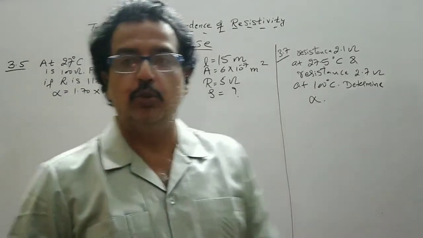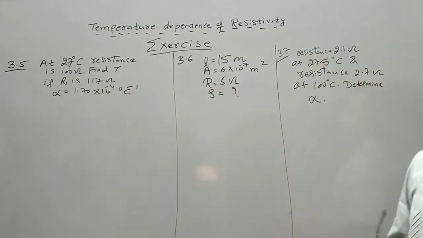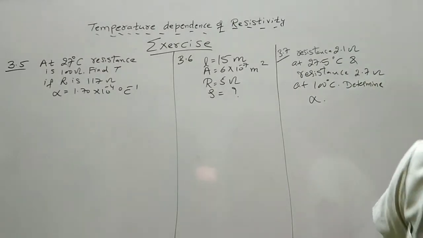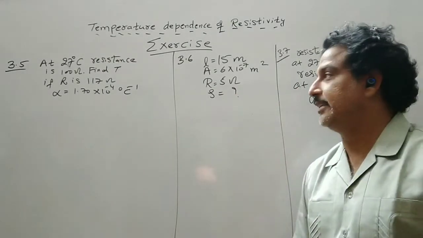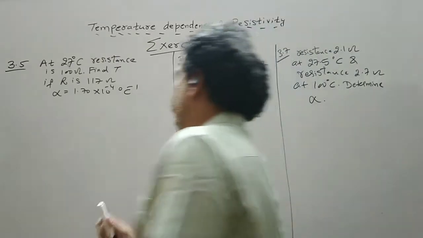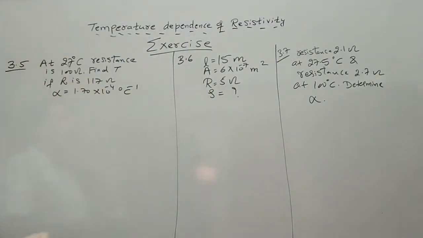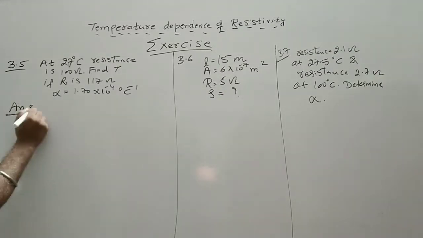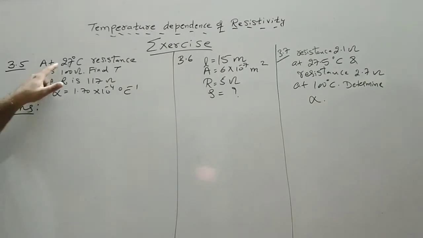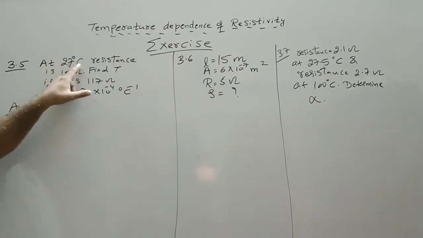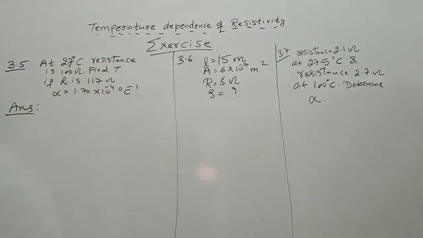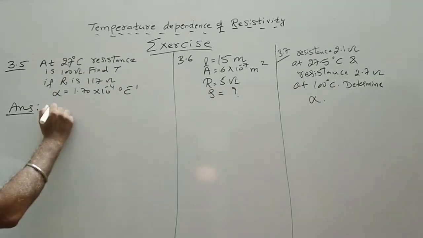Now let us come to the exercises 3.5, 3.6 and 3.7, which are generally direct applications of the formula. Now in exercise question number 5, at 27 degrees centigrade the resistance is 100 ohms. So we take this as a reference.